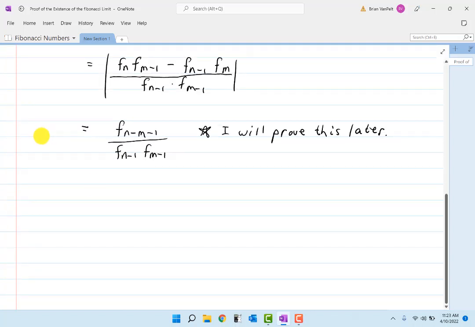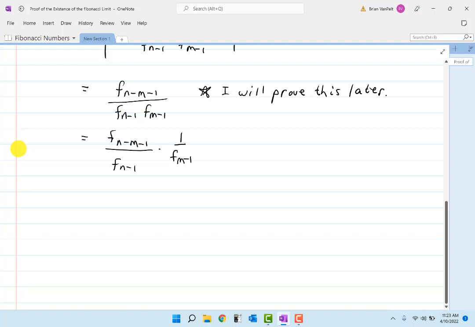Now, I'm going to rewrite this as f sub n minus m minus 1 divided by f sub n minus 1, times 1 over f sub m minus 1. Now, one of the things you should know, or it's easy to prove, is that f sub n, the little f's, is an increasing sequence.